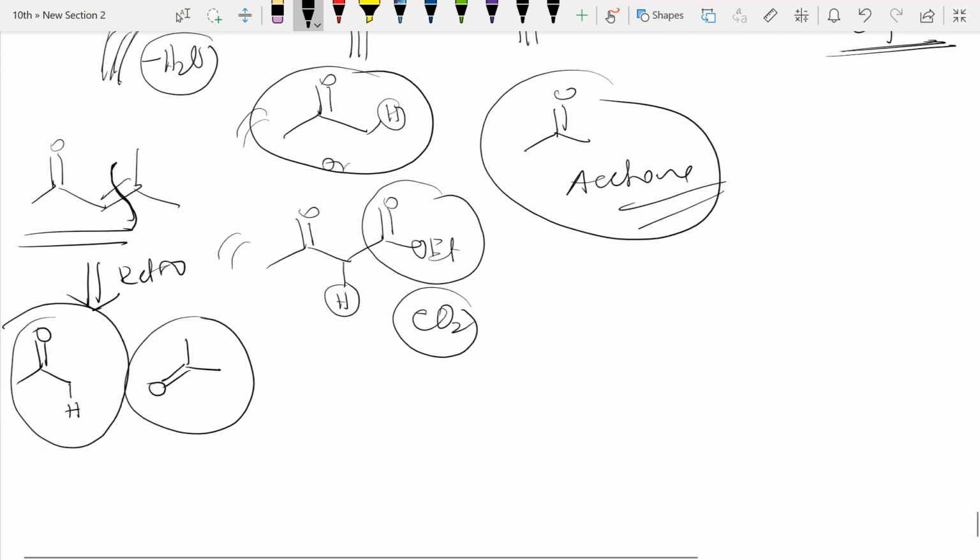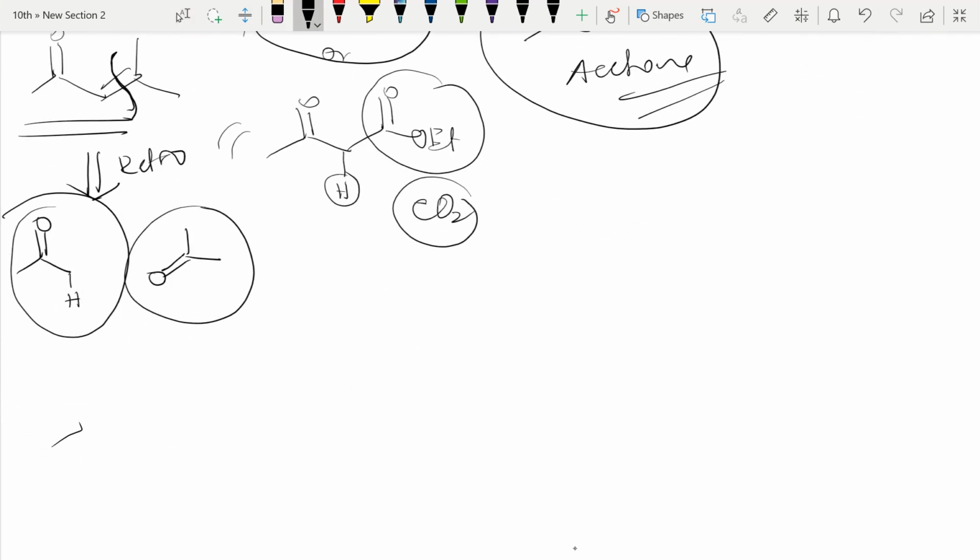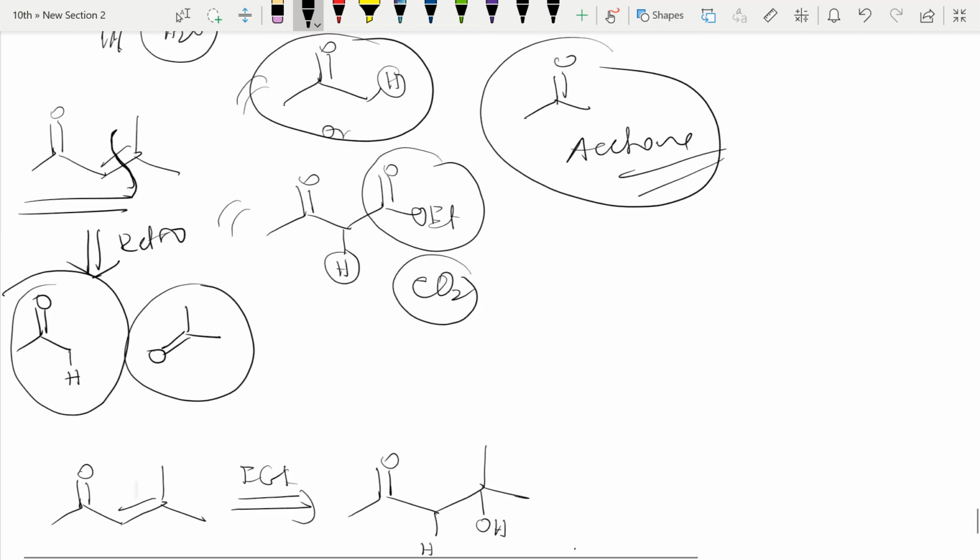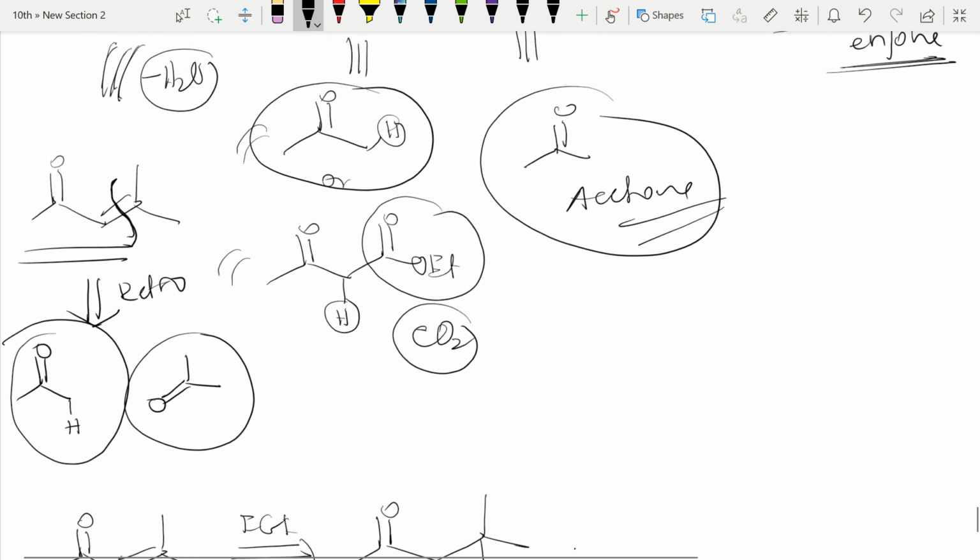Some people will tell to do the retrosynthesis of this one like this also. Here, just do functional group interconversion: remove this double bond, see here the double bond is there, just add H here, and add OH here, right? So it became like this. See, let me zoom out.